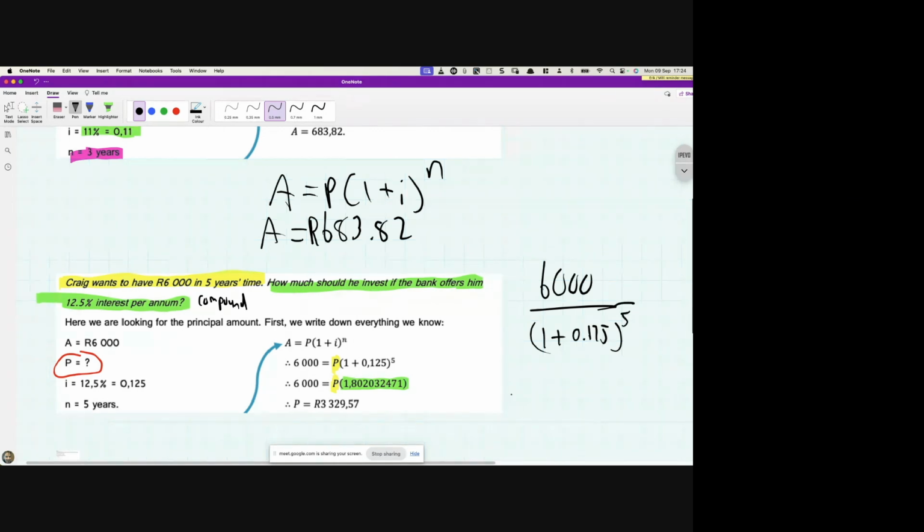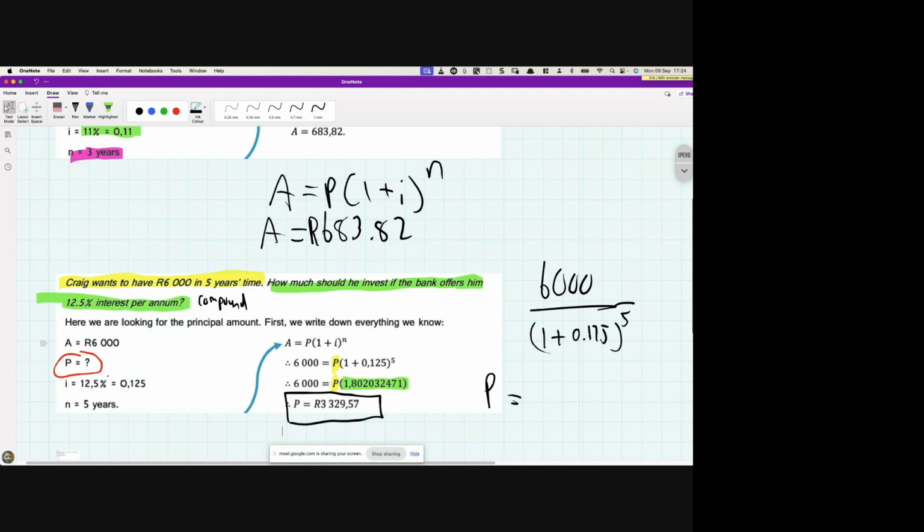Can you give me a smiley face if you end up with a principal amount of that amount? I want to see some happy faces if you get 3329.57. Okay, I see some happy faces.